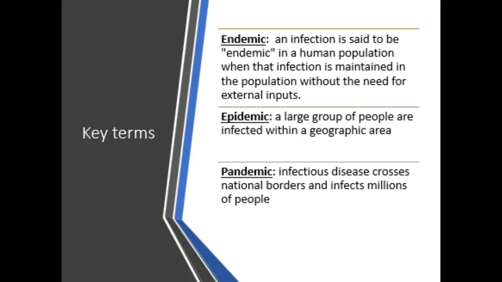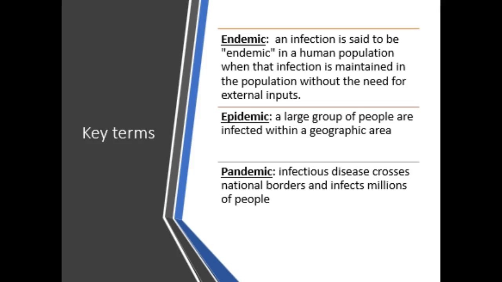3 key terms related to infectious disease are endemic, epidemic, and pandemic. An endemic is the usual level, the usual incidence of an infectious disease for a local area. Here the definition says an infection is said to be endemic in a human population when that infection is maintained in the population without the need for external inputs.